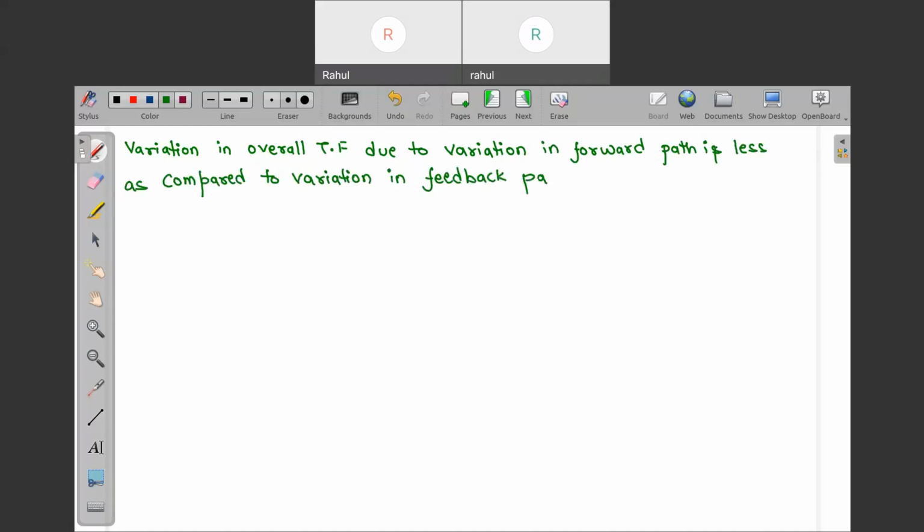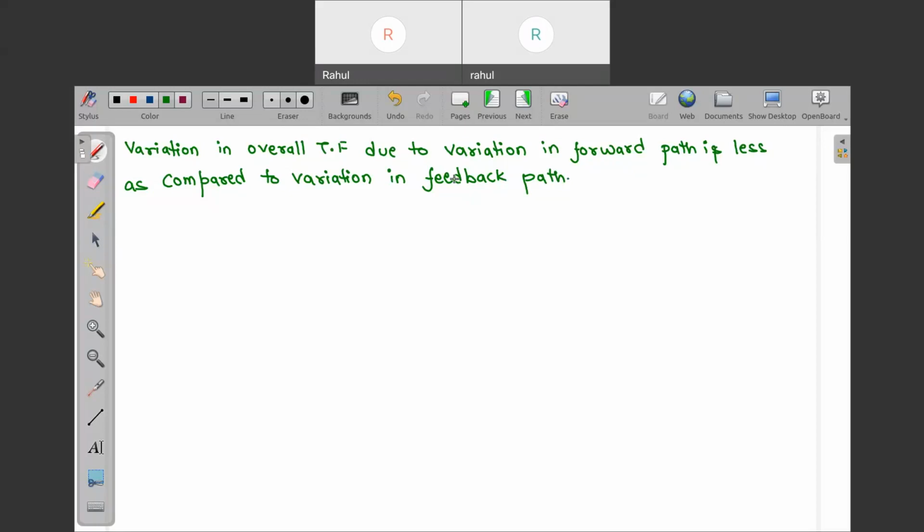Okay, so such kind of statements will be asked in your PSU exams, that what is the variation of your transfer function when you change by this much in your forward path, or when there is a change in your feedback path. So you are going to calculate it with the help of this sensitivity of a transfer function.